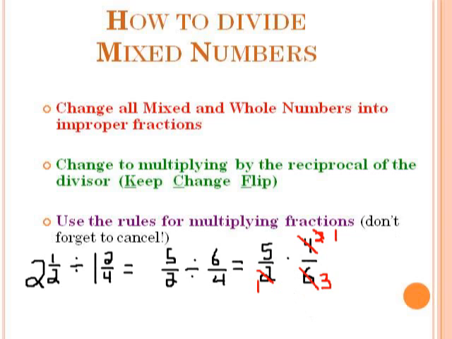So now I'm ready to actually multiply. Straight across, 5 times 1 is 5, both numerator and denominator. 3 times 1 is 3. Now I have an improper fraction. I always reduce or rename when necessary. So 1 2/3.